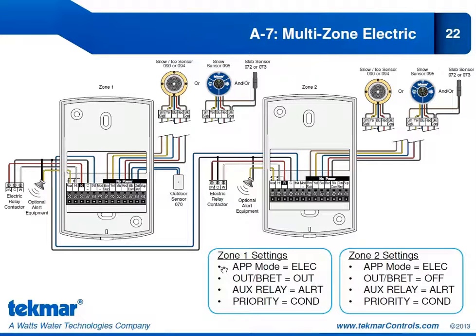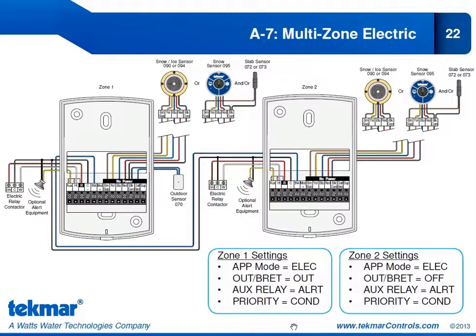This is an electric application. The out or boiler return sensor has been configured for out on Zone 1 and has been configured for off on Zone 2 where there is no sensor input there. Our auxiliary relay has been set to alert for both, and the priority has been set to conditional for both.